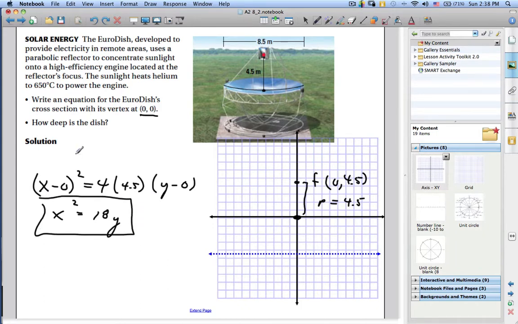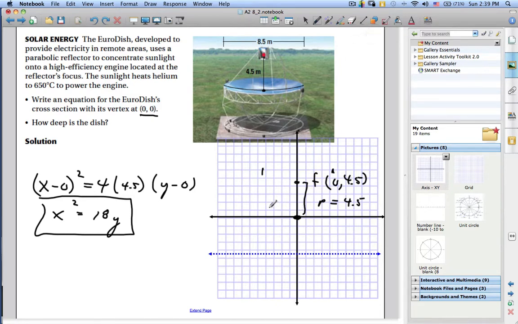And now if we want to know how deep the dish is, you see that the dish is 8.5 meters wide. Okay, so that means that if I go 4.25, 1, 2, 3, 4.25 in each direction, this is the width of the dish.